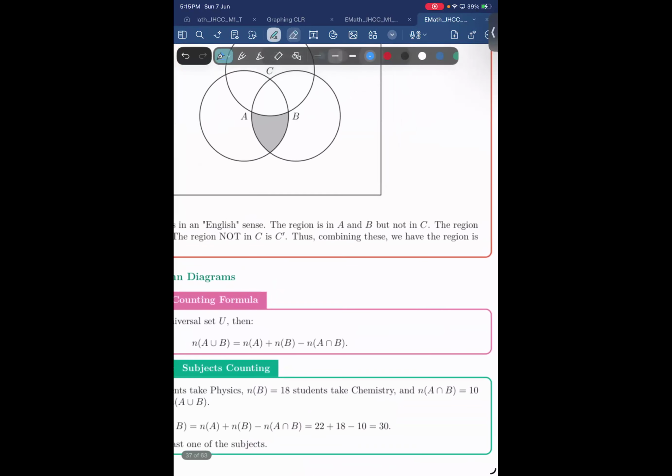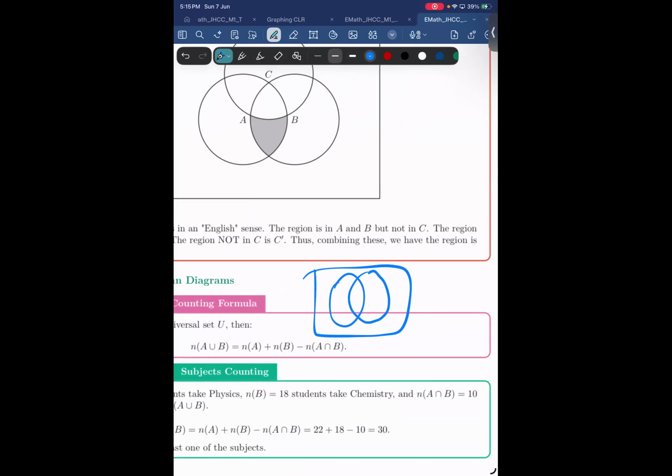Imagine you have two sets. The union is like this, basically you shade both of these. What if I want to express the union in terms of A and B? A is the left one, and B is the right one.